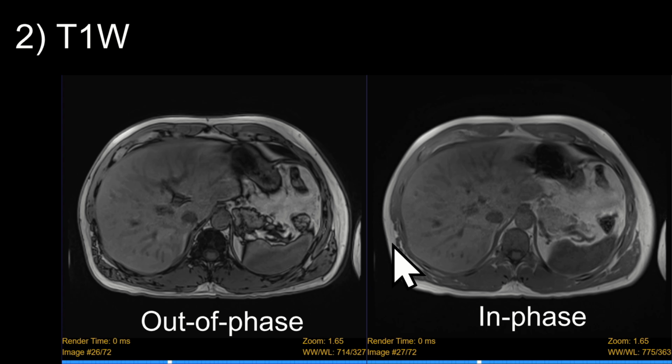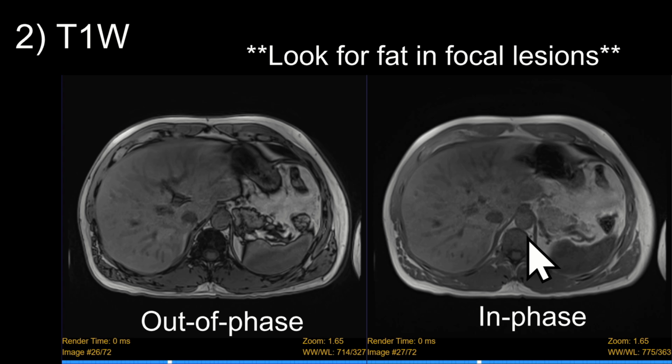These images can be used to assess for intravoxel fat and susceptibility artifact from things like iron, metal, air, etc. So for example, we can look for fatty liver or iron loading in the background liver, or fat content in lesions. Fat in a focal liver lesion, of course, is going to significantly change the differential for the lesion, so it's important to look for.